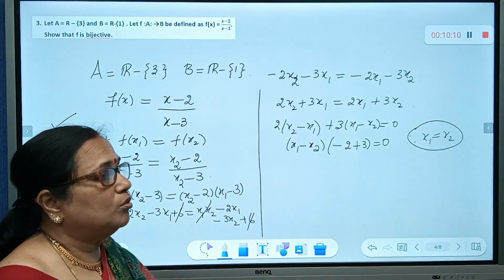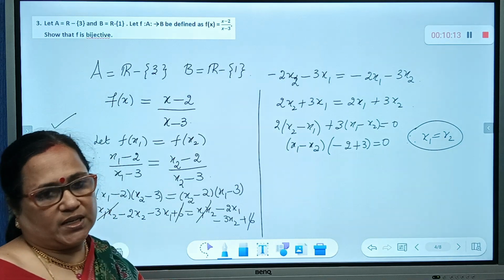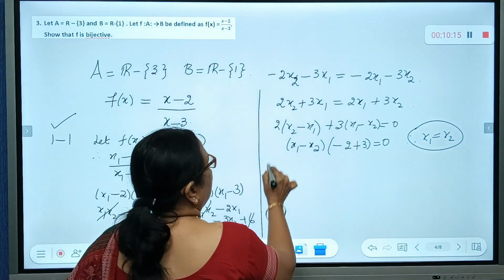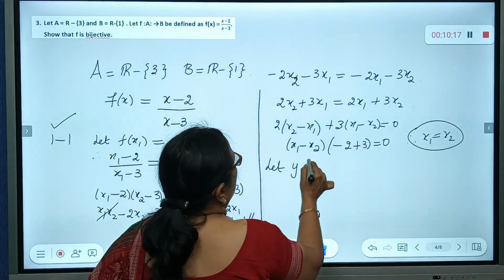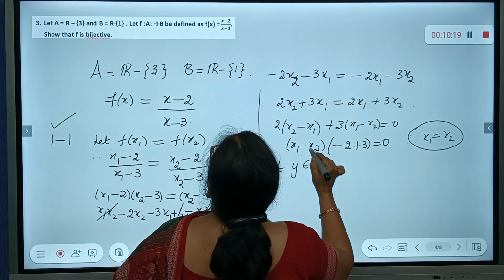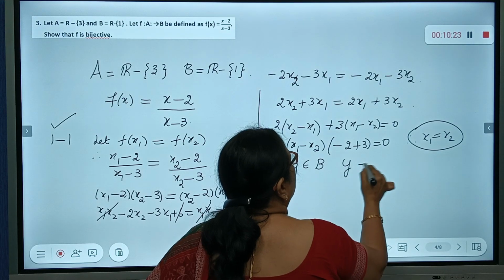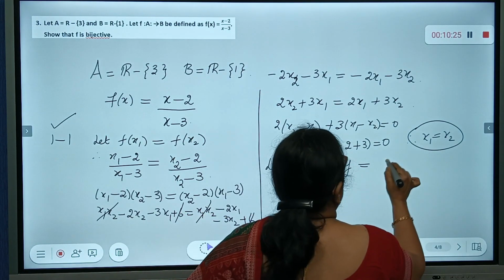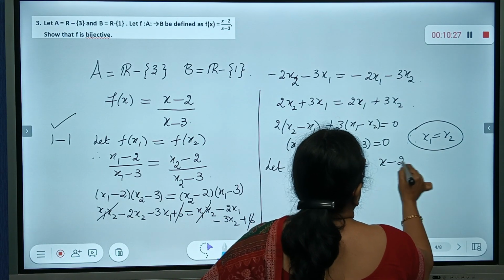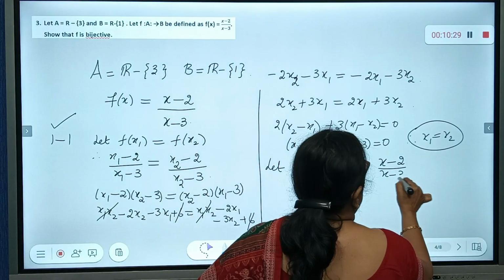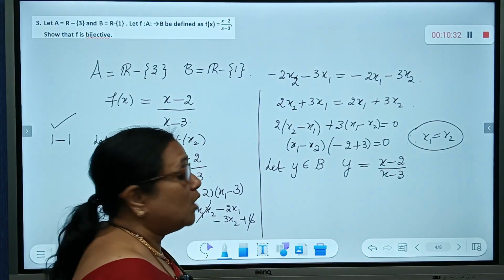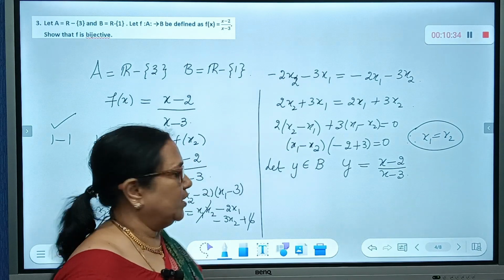Is f onto? Given a y, I have to find an x. So let y belong to the set B. Then what will be the form of y? Y will be of the form x minus 2 by x minus 3. So now I have to express x in terms of y.